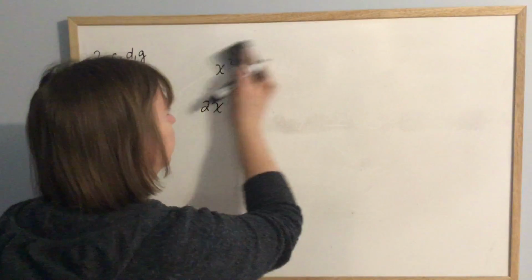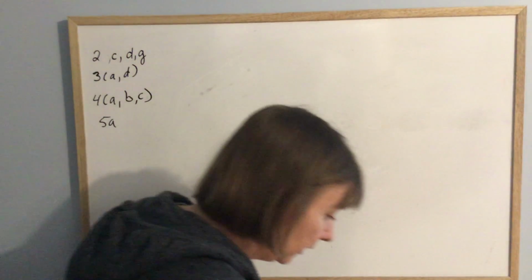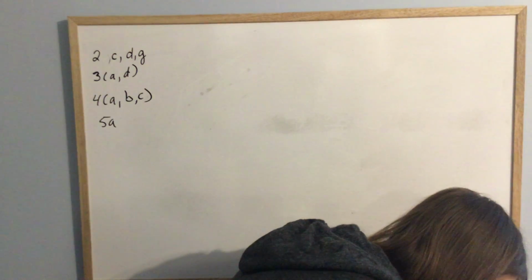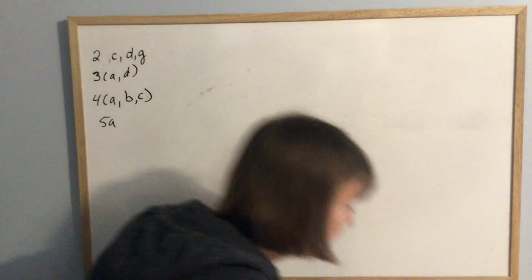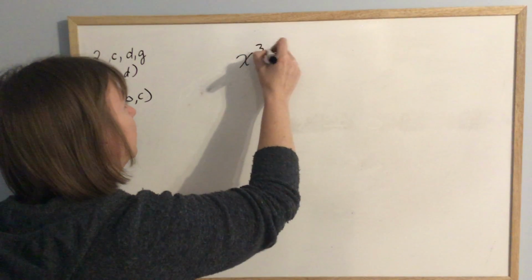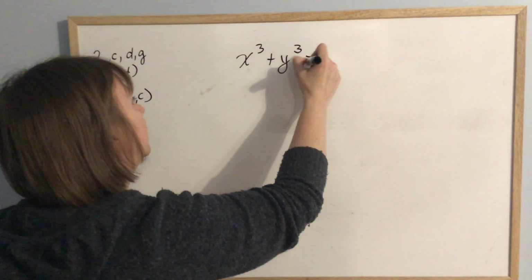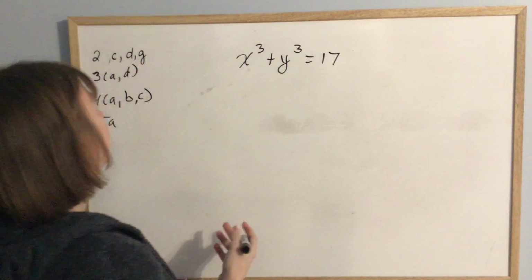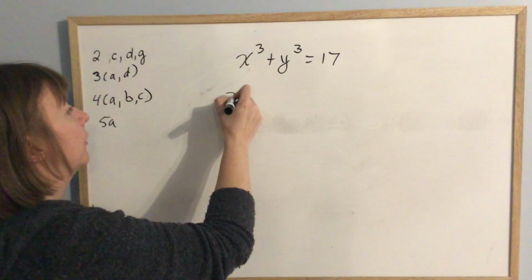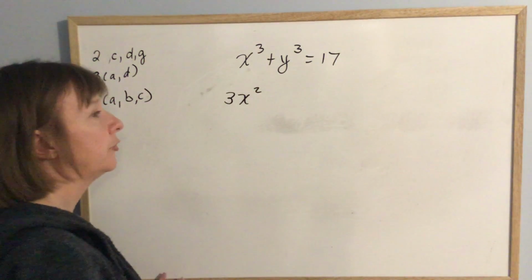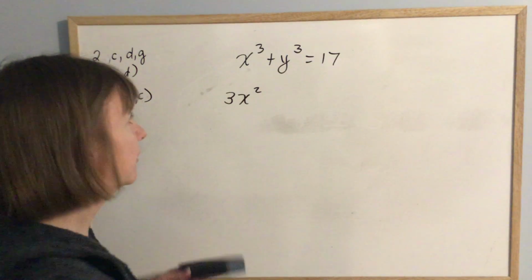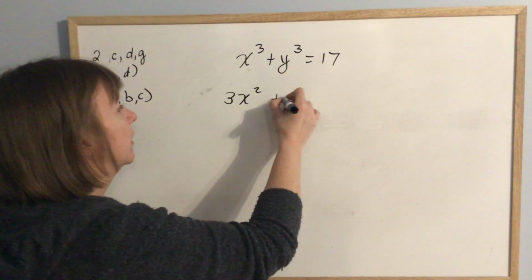2c. 2c, x cubed plus y cubed equals 17. Very similar. So again, derivative of this is 3x squared. You could put dx over dx, but in my opinion, why bother?